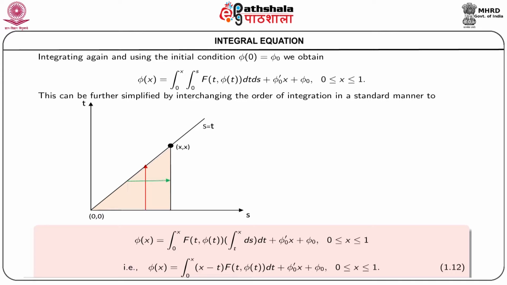Now we interchange the order of integration. T integral should be the outer integral, which varies from 0 to x, and s integral will be the inner integral, which varies from t to x.